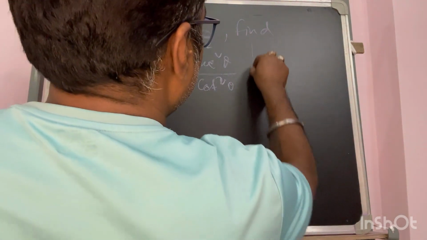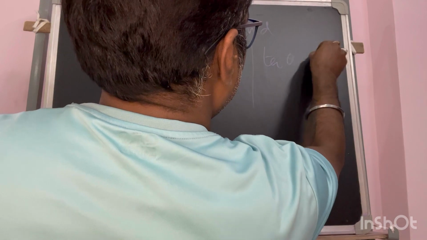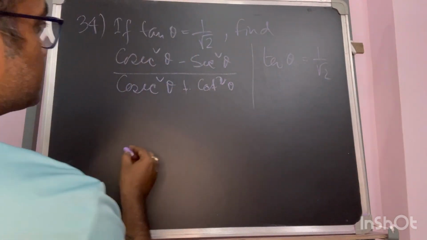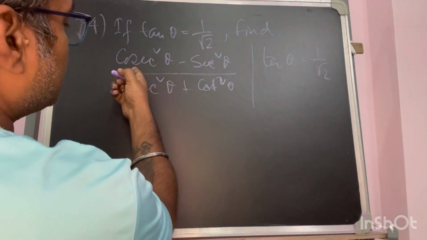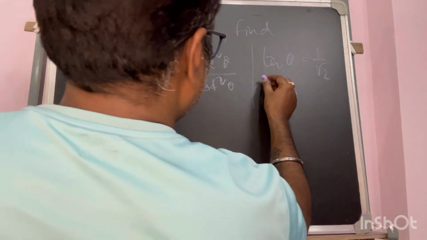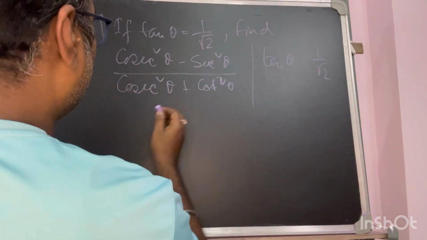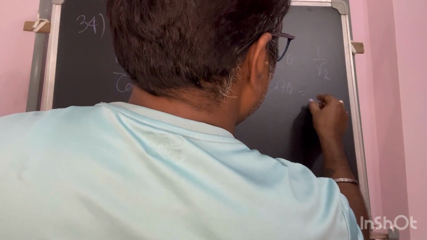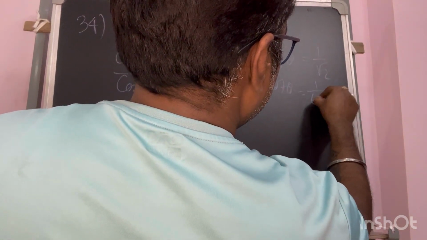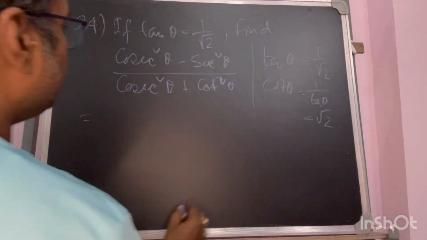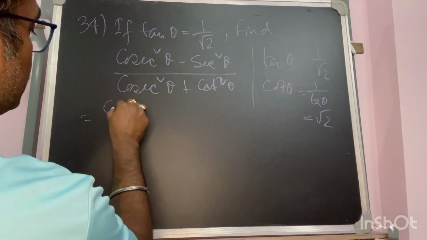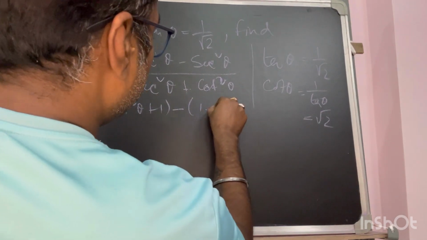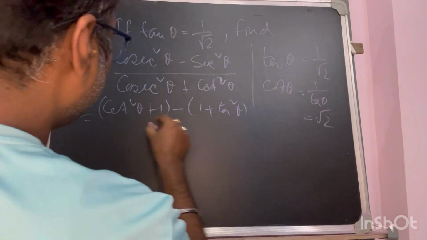So tan theta is equal to 1 by root 2. So what would be the other cases? If I am able to convert it into the form of cot and tan, that will be good. Cot theta is equal to 1 by tan theta, that is equal to root 2. So these two values you know. So cosec square theta is equal to cot square theta plus 1, and sec square theta is equal to 1 plus tan square theta.